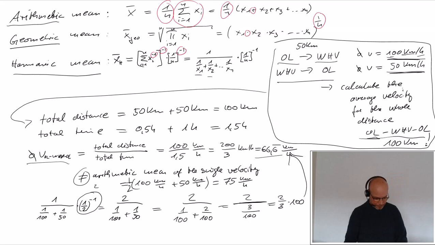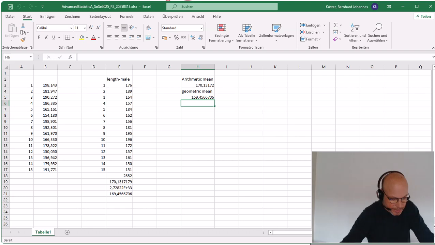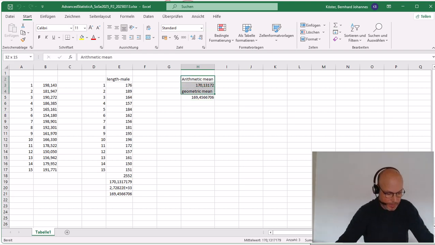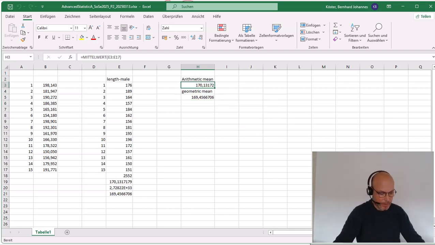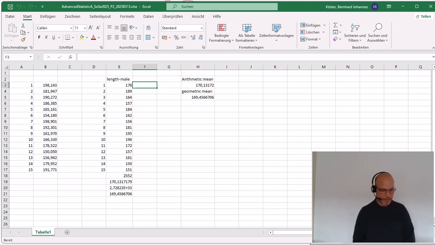Okay, so then we are going back to our data set and we want to calculate the harmonic mean. If we want to calculate the harmonic mean, then of course we need the inverse of every data point. 1 over data, oops, 1.